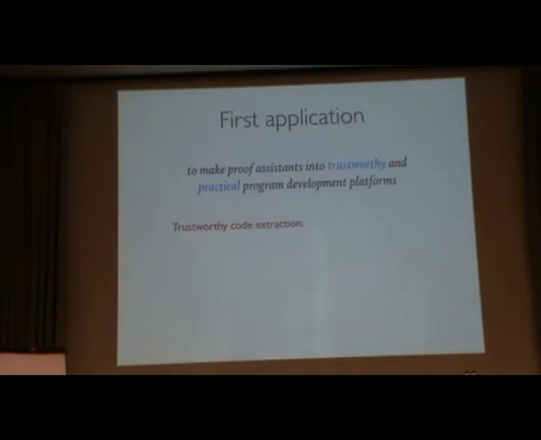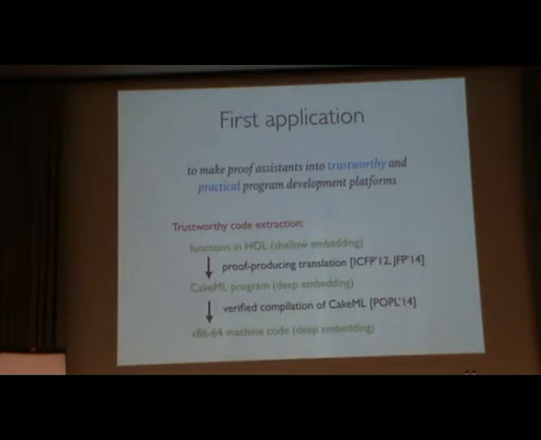And then you essentially just trust the output. But that was the program you verified. So one of the applications of CakeML is to try to do this more properly with proof-producing translation and then verified compilation all the way down to machine code. So that's one application of CakeML, which we have almost completely running now.